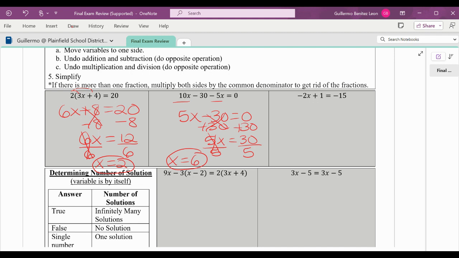The opposite of addition is subtraction. That would be negative 16. I got to get rid of that negative 2, not by adding, by dividing. That negative 2 is being multiplied. And I get x equals positive 8.